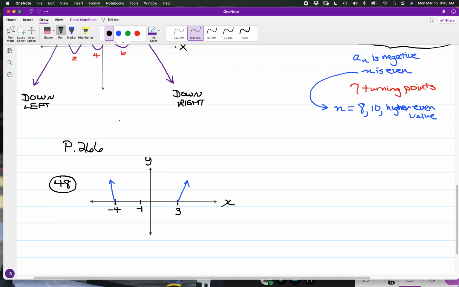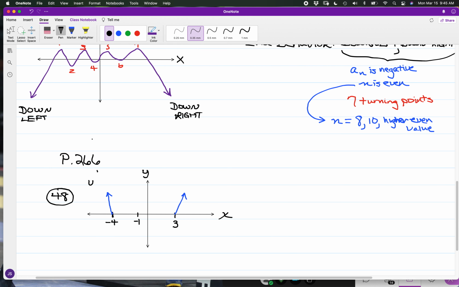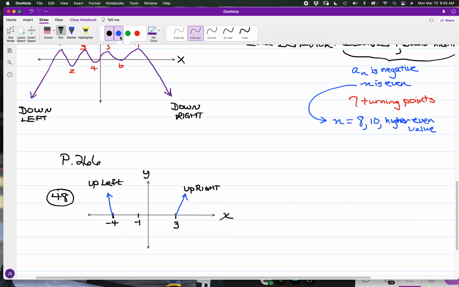So for your end behavior, this is going to be up to the left and up to the right. And for the zeros, we have at -4, -1, and +3.